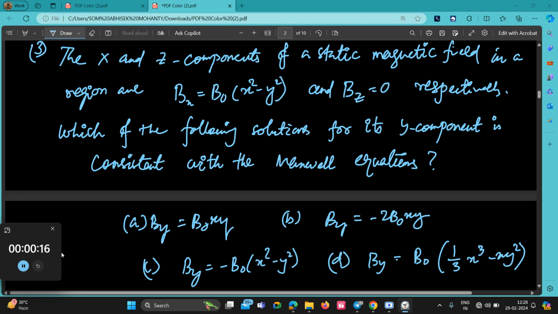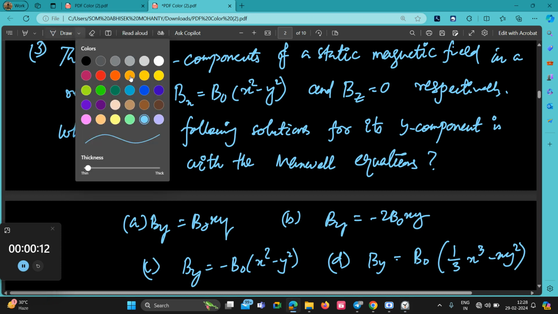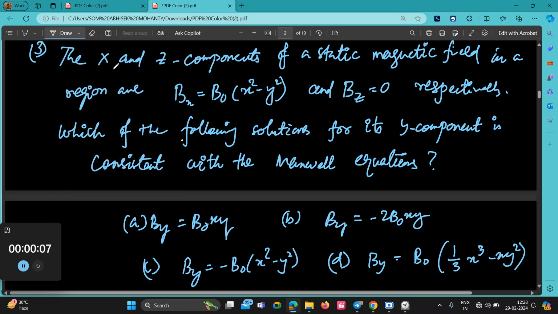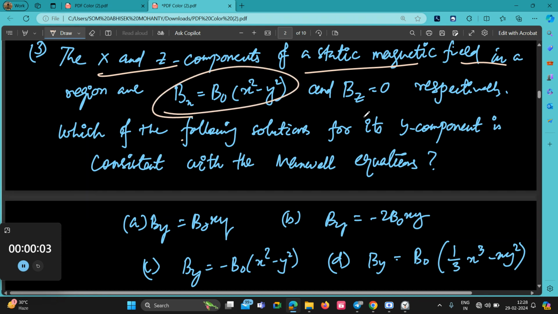Okay. So how to solve it? X and Z components of a static magnetic field in a region are given. Which of the following solutions for its Y component is consistent with the Maxwell equations?